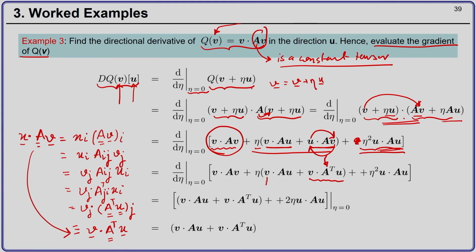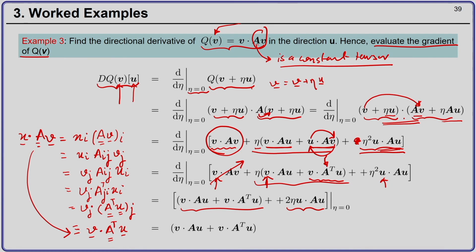Now, we have v at the first position everywhere, and we have u here. Now, we take the derivative with respect to eta. The first term goes away, and this term will be v dot A u plus v dot A transpose u plus 2 eta u dot A u.